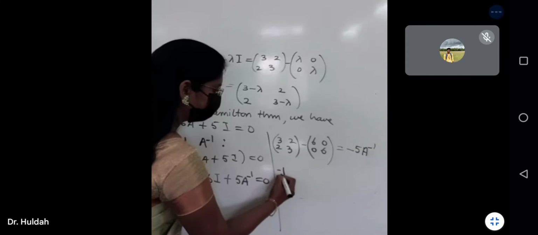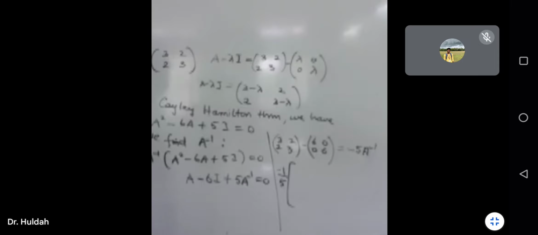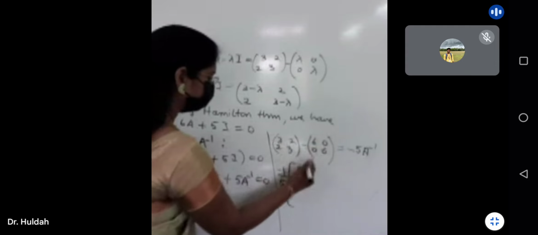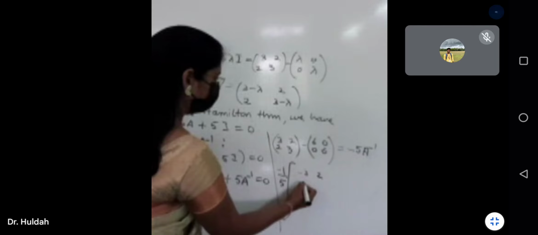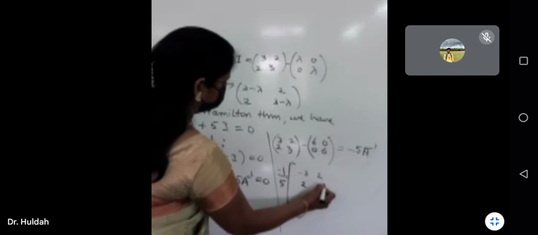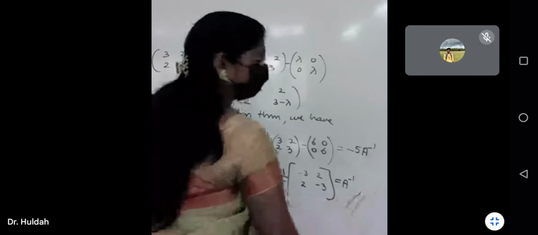I need only A inverse, so I can write this as minus 1 by 5 into the simplified matrix, minus 3, 2, minus. This is my A. That is it. Did you all follow?